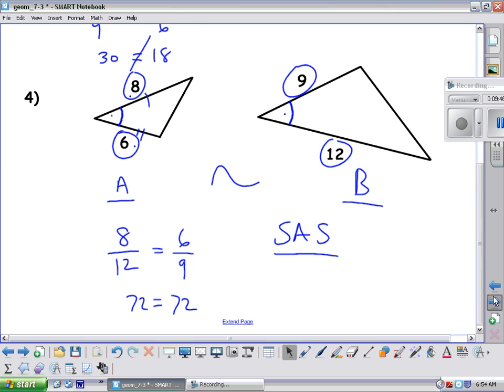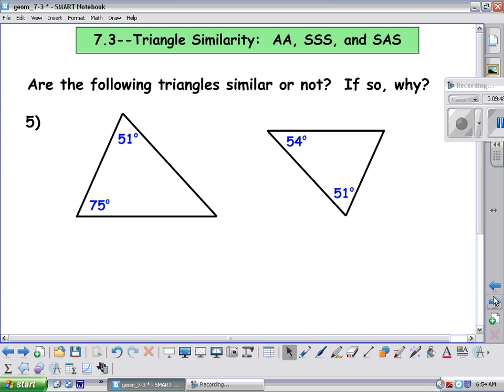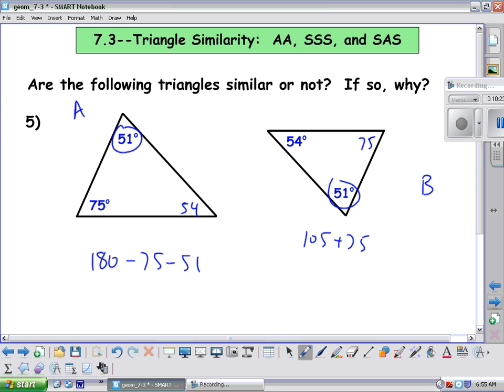All right. Let's look at this guy. Are they similar? Before I decide, the numbers aren't the same, but I've got a 51 that's the same, so that's a good start. And I know these are triangles, so I need to figure out what this third side is. 180 minus 75 minus 51 equals 54 right here in triangle A. Over here in triangle B, doing the same thing, 51 and 54 is 105, plus the 75 here makes 180.